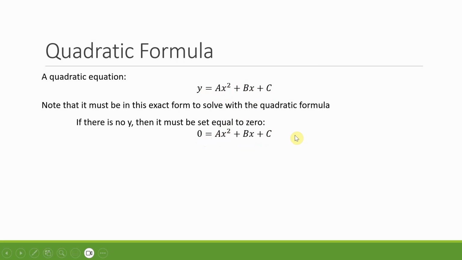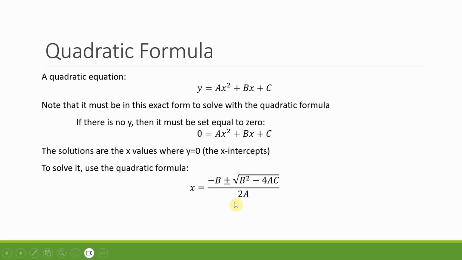Once it's in that format, then the solutions, when they ask about those, are the x values where y equals 0. That's why we need y by itself, and we just set it equal to 0. Those are the x-intercepts. The only reason I'm pointing that out is they might ask for the same thing in several different ways. They might ask, what's the solution? What are the x-intercepts? It's the same thing.